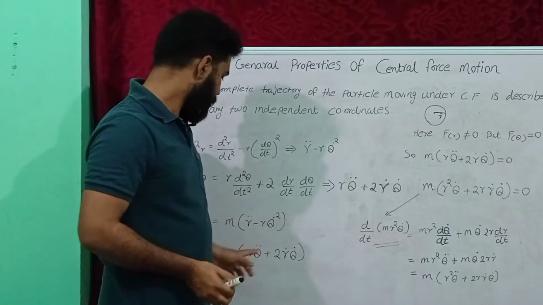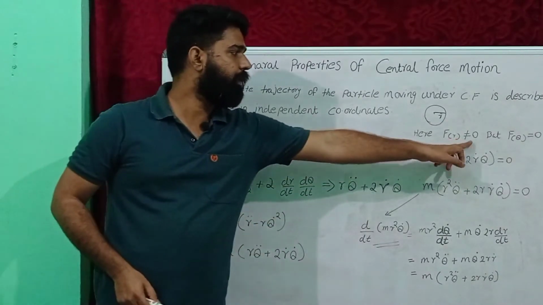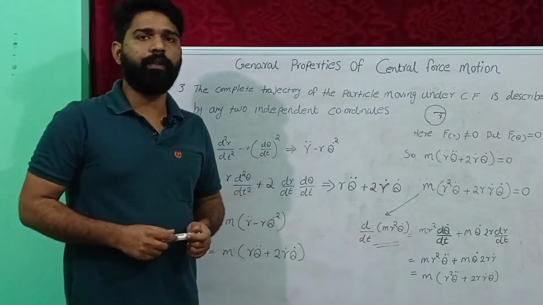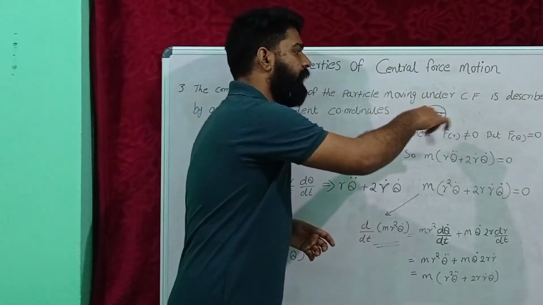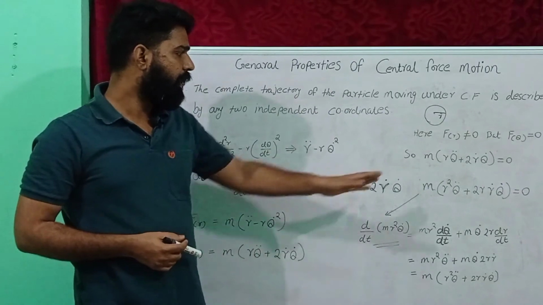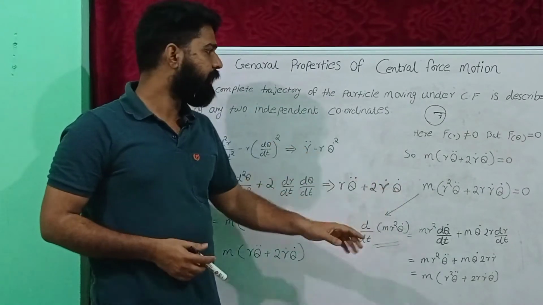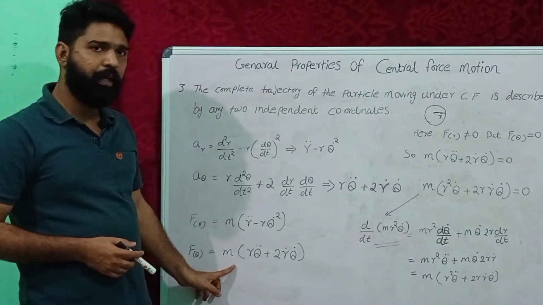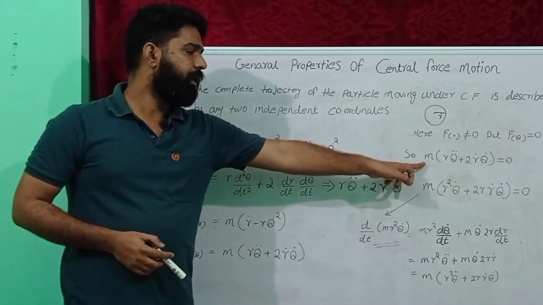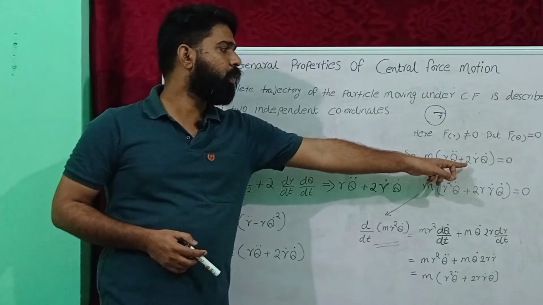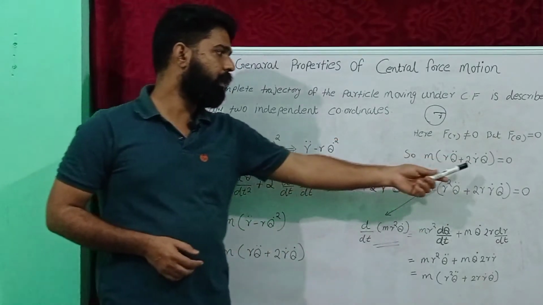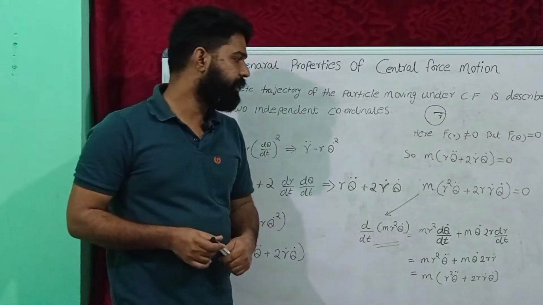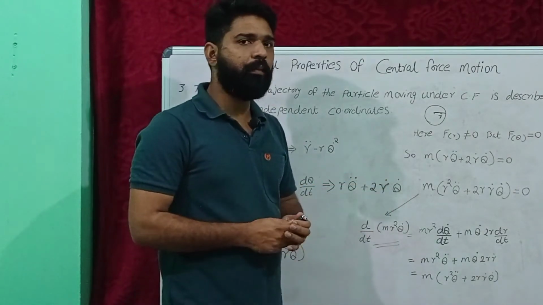So f of r is not equal to 0, but f theta is equal to 0, because the motion is radial. Hence f of theta equal to 0 means this value becomes 0. So m (r theta double dot plus 2 r dot theta dot) is equal to 0.